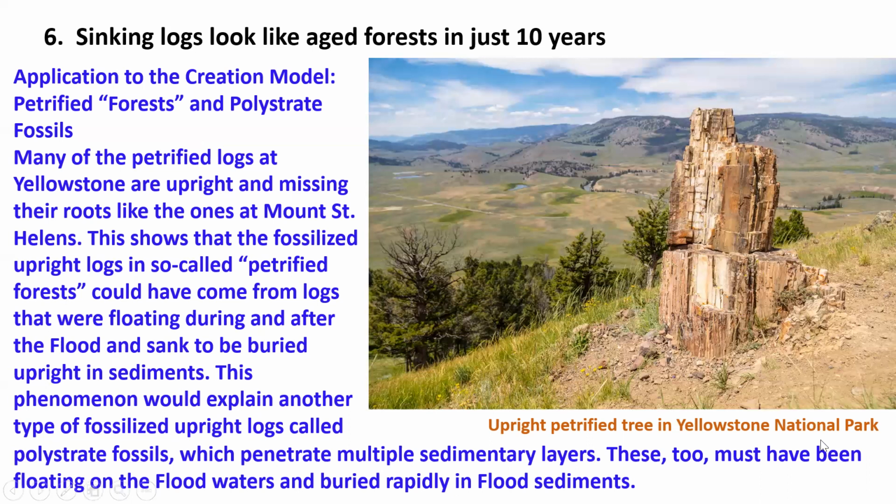And these too must have been floating on the flood waters and buried rapidly in flood sediments. So now we're seeing the Great Flood in perspective of something just 40 years ago. Yeah, the catastrophe just within our lifetime actually helps us to see how things in the Great Flood could actually have been real and happened.